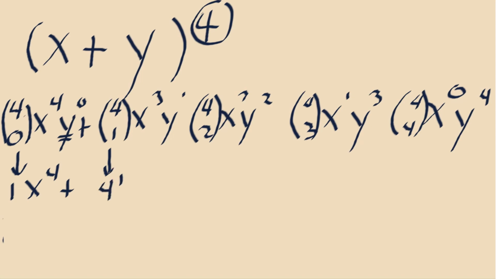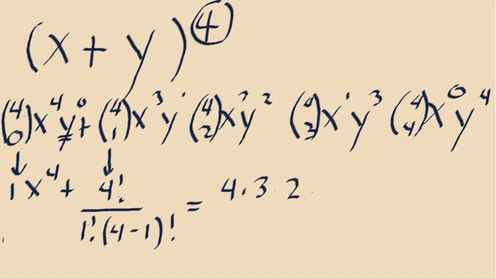So this is a 4 factorial over 1 factorial multiplied by 4 minus 1 factorial. So that will be 4 times 3 times 2 times 1 over 1 factorial is a 1 times 4 minus 1 is 3 factorial.